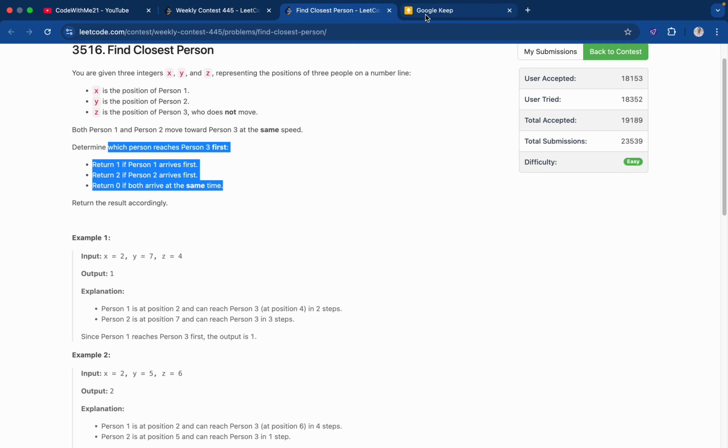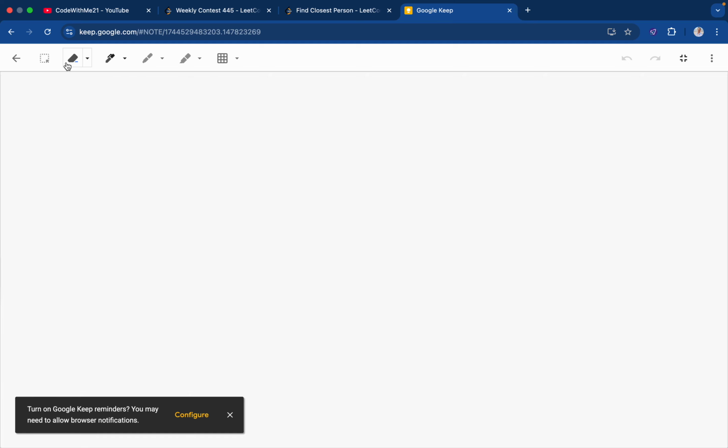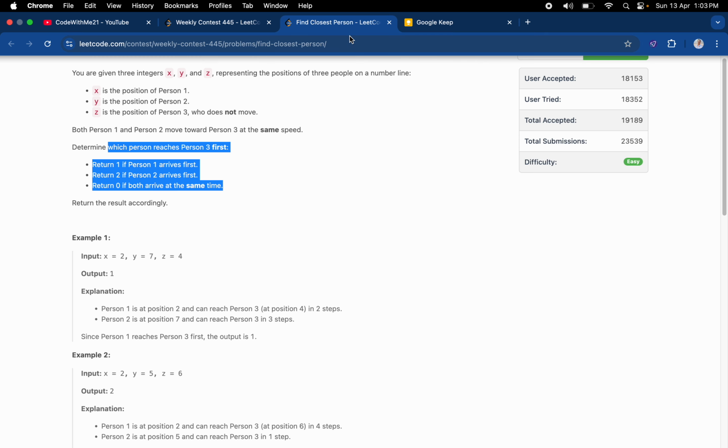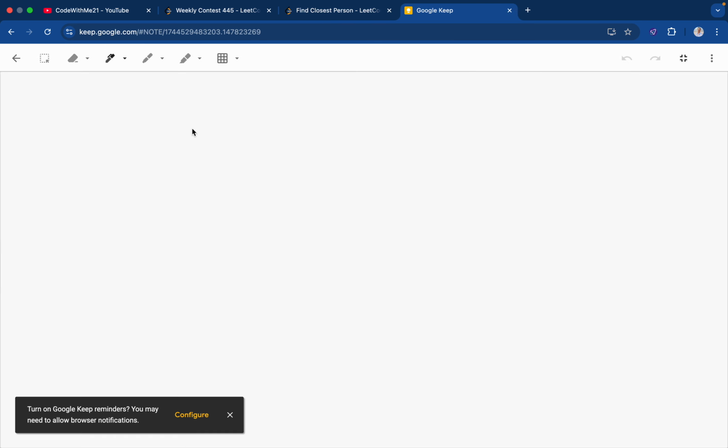Now let's understand with the help of the example that is given. The example is x equal to 2, y equal to 7, z equal to 4.